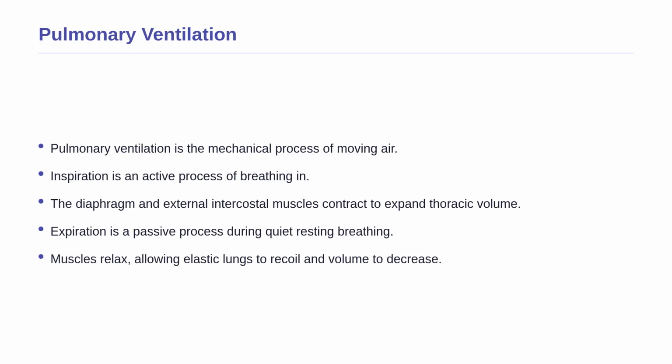The second phase is expiration, or breathing out. During quiet, resting breathing, this is entirely passive. Those same muscles simply relax. Your lungs are highly elastic, so they naturally recoil, shrinking the chest volume back down. This continuous biological pump relies entirely on creating pressure gradients between the outside atmosphere and the tiny alveoli deep inside your lungs.